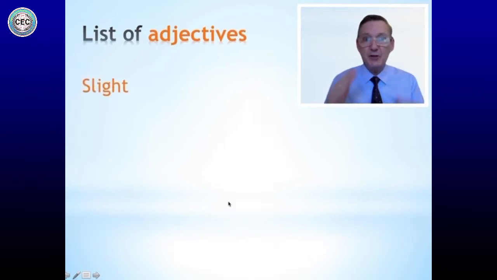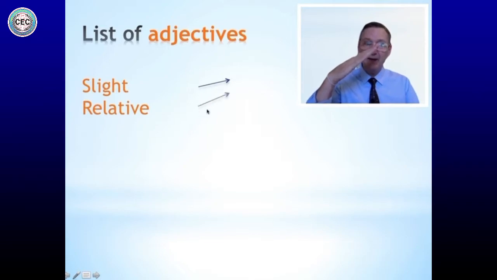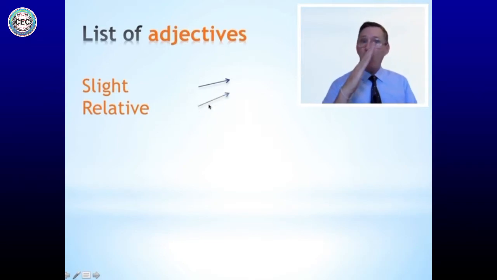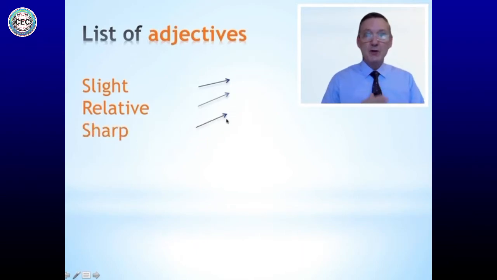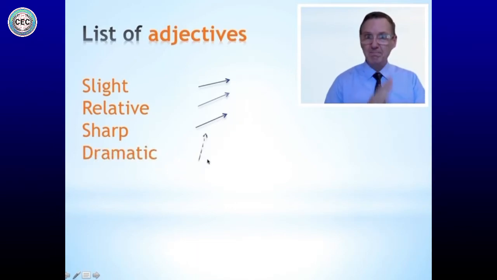Sometimes it's easier to put a line, so if they give you a line graph, you'll know which word to use. So I give this to my students in class, where if you see a line like that, it's slight. A little bit up could be relative. Sharp is even more, right? Going up. Dramatic, oh, that's almost straight up.